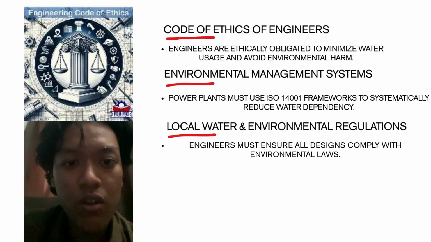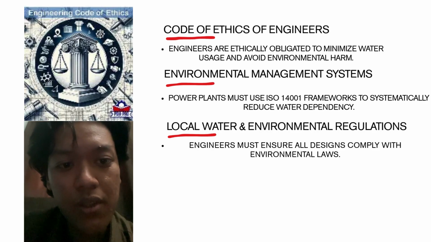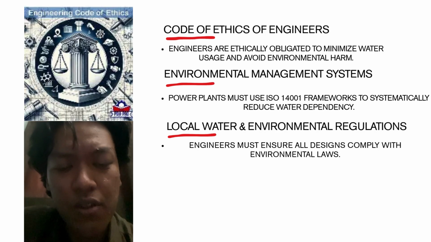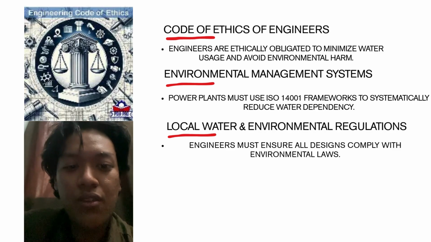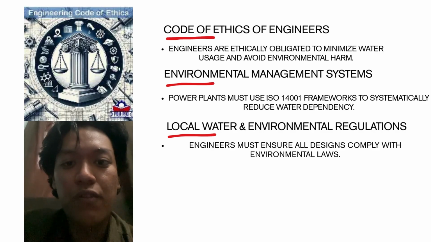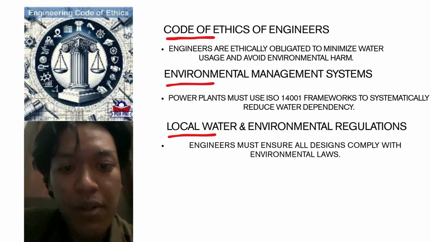Finally, local laws like water permits and EIA requirement ensure all designs follow responsible water and environmental standards. In short, this ethical standard guide engineers to balance performance with public welfare and sustainable water use.